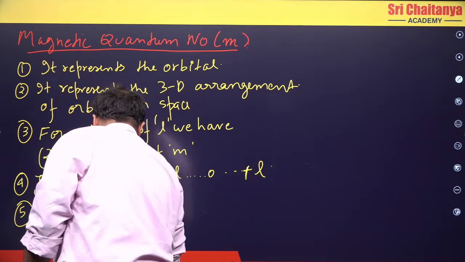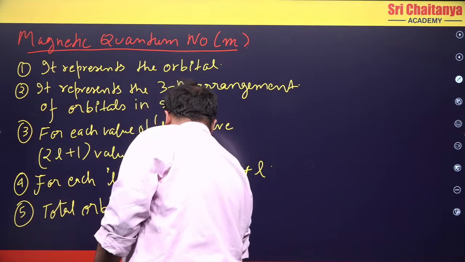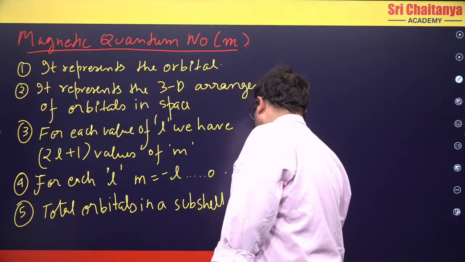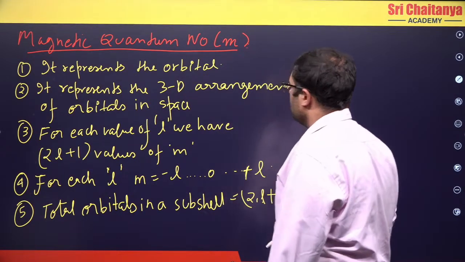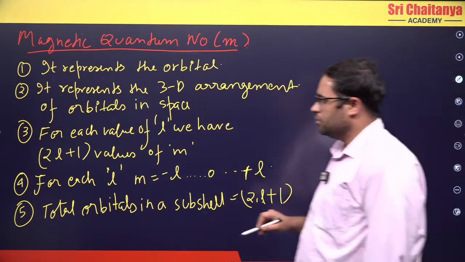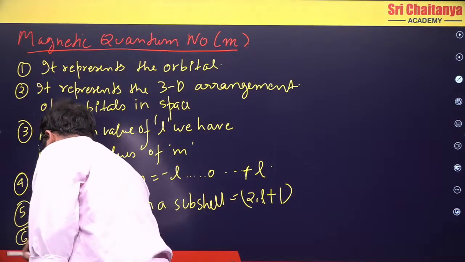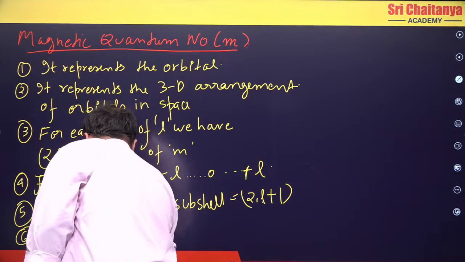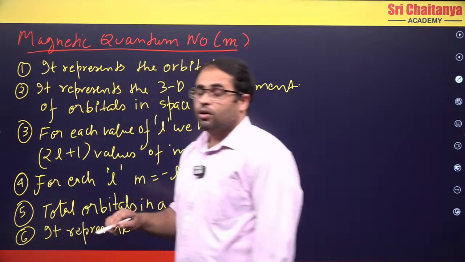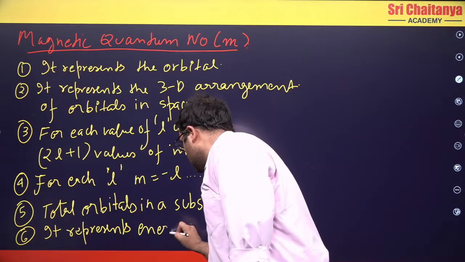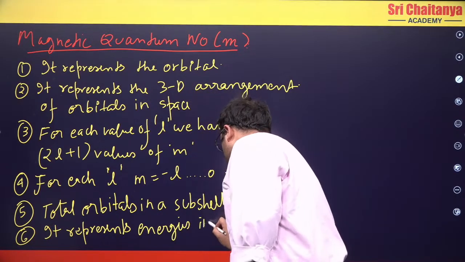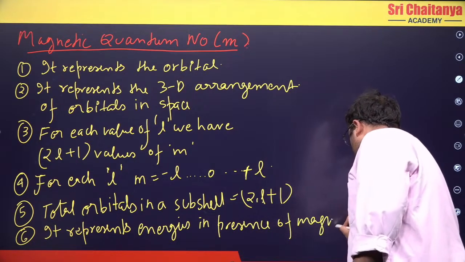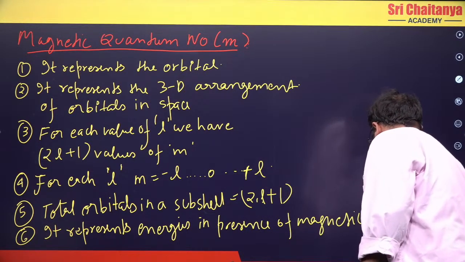How many orbitals in a subshell? 2l plus 1. Right? It represents energies in presence of a magnetic field.